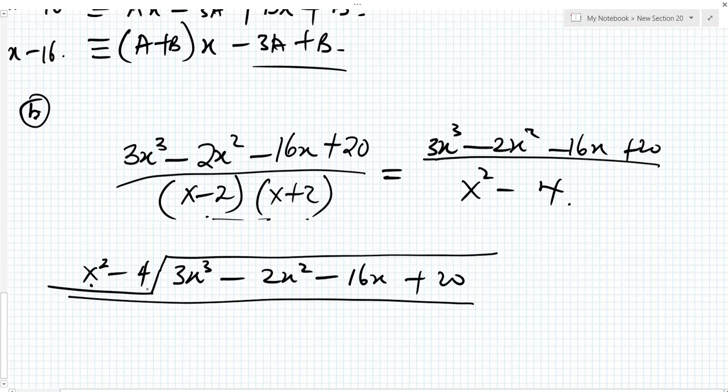Divide this first term inside here, you have 3x.